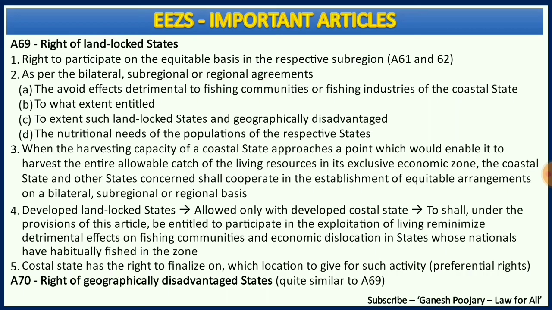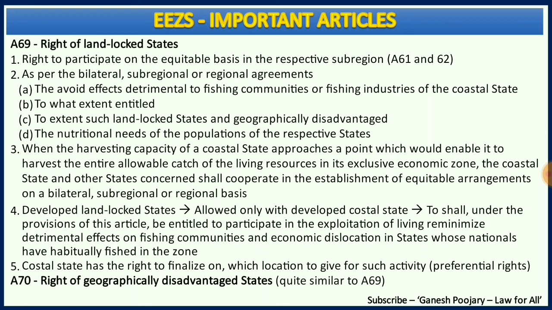That is very important, and the developed landlocked state should participate in the economic zone of a developed coastal state only. It cannot participate in an economically backward coastal state. That is very important, and the coastal state has all the power to finalize which location to give for such activity and which not. That means it has the preferential right.